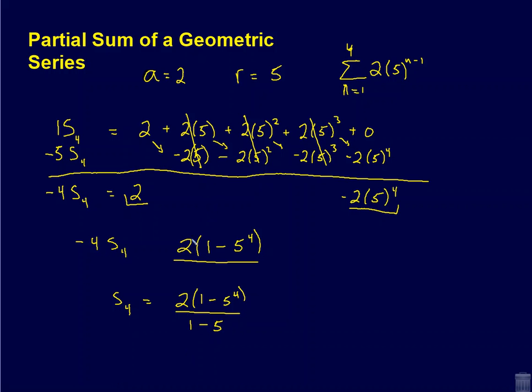Notice the role of these numbers. 2 was the number I started with in my series. 5 was the common ratio. And 4 was the number of terms I was adding. And so I think what I can do in general here is say, let's say I wanted to find the sum of any set of numbers in a geometric series. I know I'm going to start with A, which was my 2.